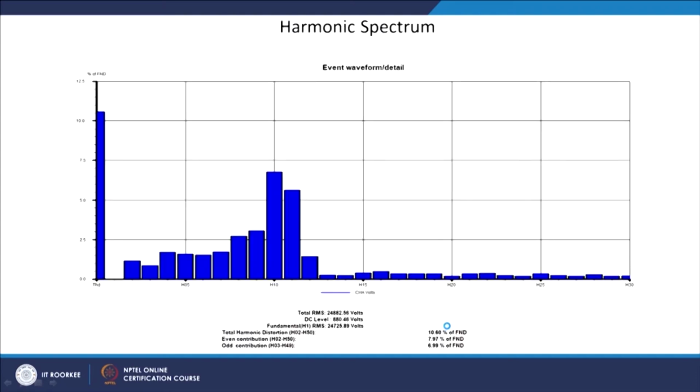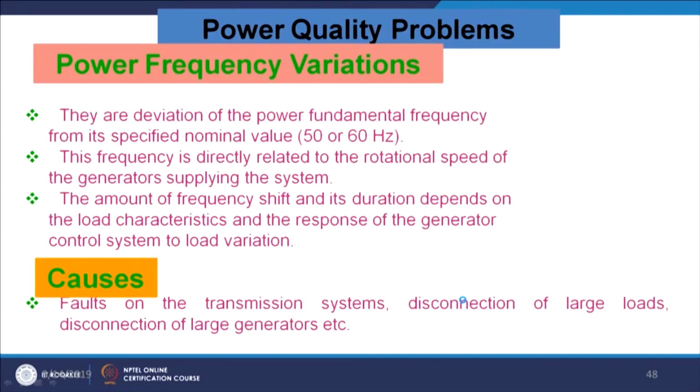This is a harmonic spectrum; you can see the fundamental and the others plotted like this. This will come when you do the FFT of your current or voltage sample having harmonics.